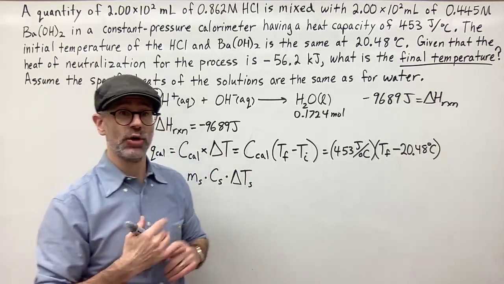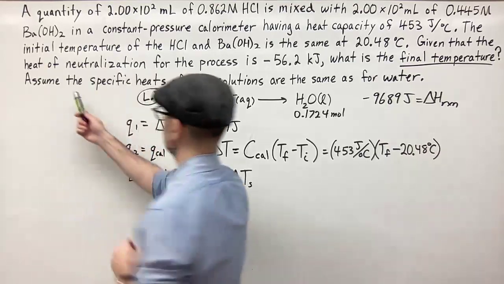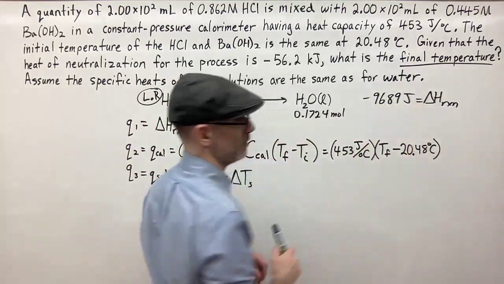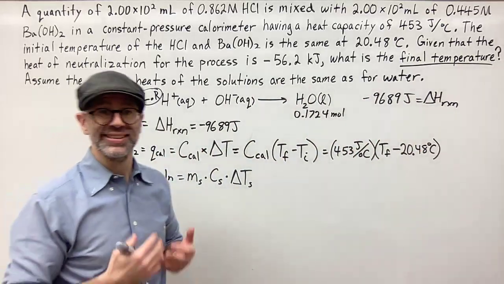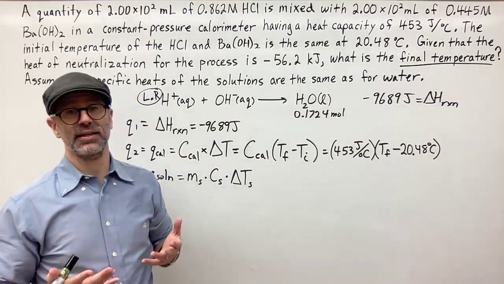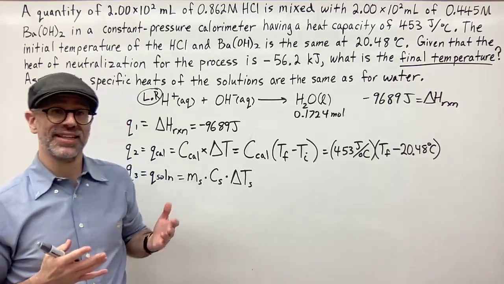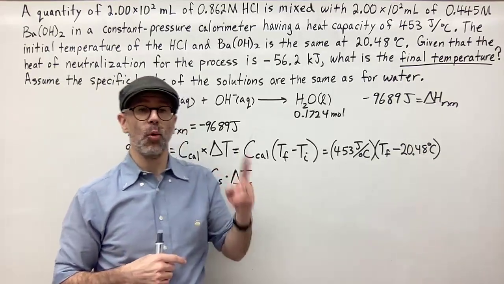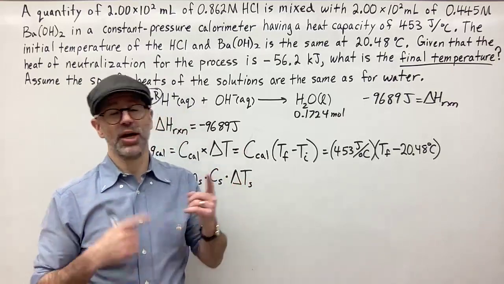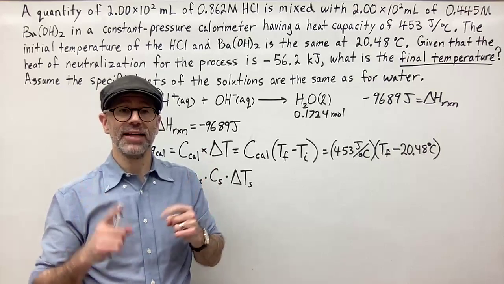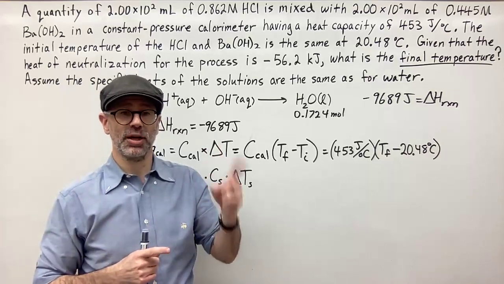And notice that we're asked to assume the specific heats of the solution are the same as water. Because of that, it's safe to assume that the density is going to be the same as water. So we know the density of water is 1 gram per 1 milliliter, that means that the number of milliliters is equal to the number of grams.